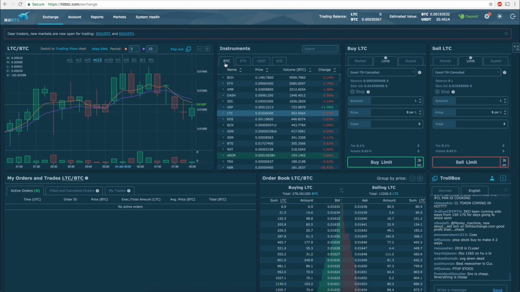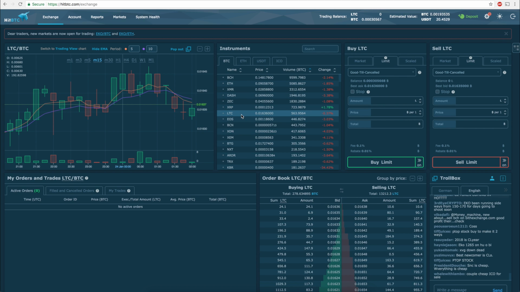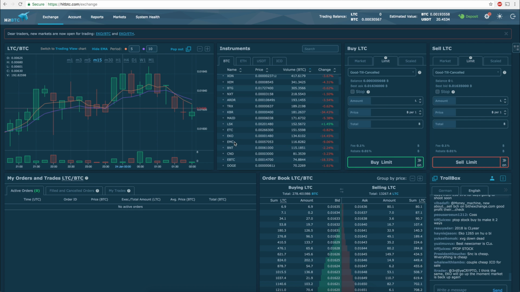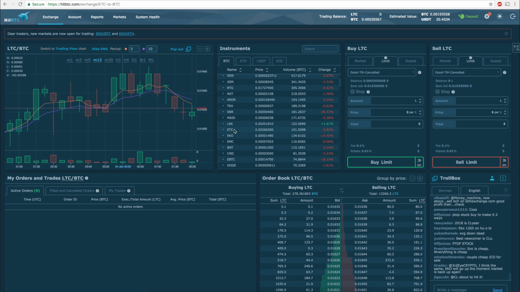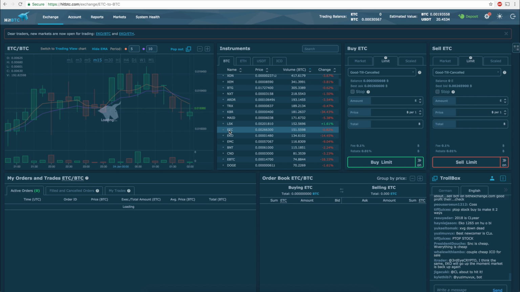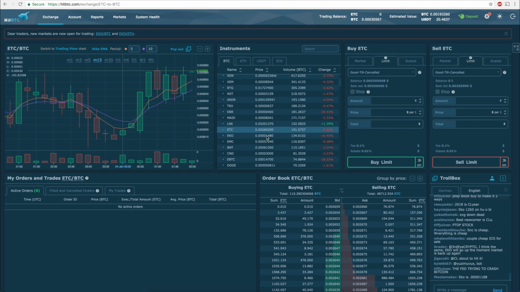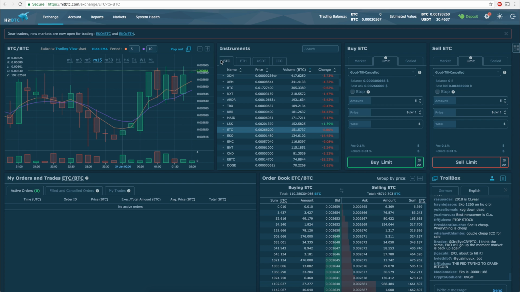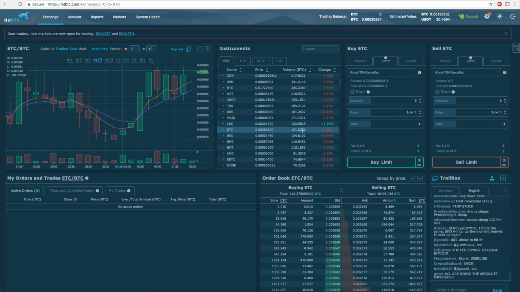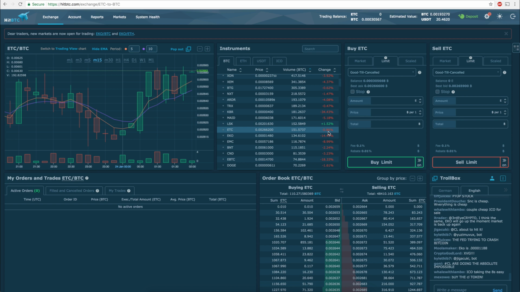So if I want to trade Bitcoin with Litecoin, you just press on it, and you're there. So let's say I want to trade it with something else, I can just press on it, and it will update the chart and all the other boxes in here as well. So you can see here is the price of it in Bitcoin, and the volume that is being traded, and the change within the last 24 hours.